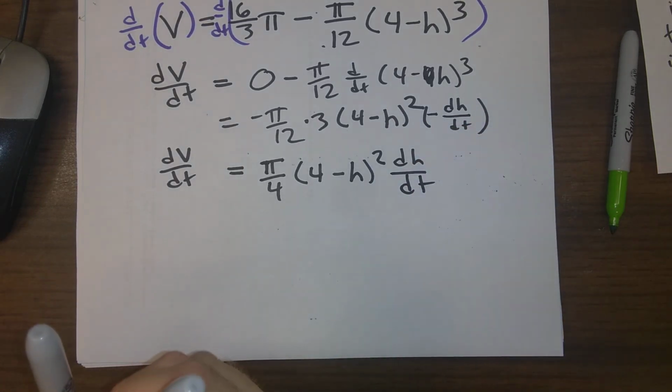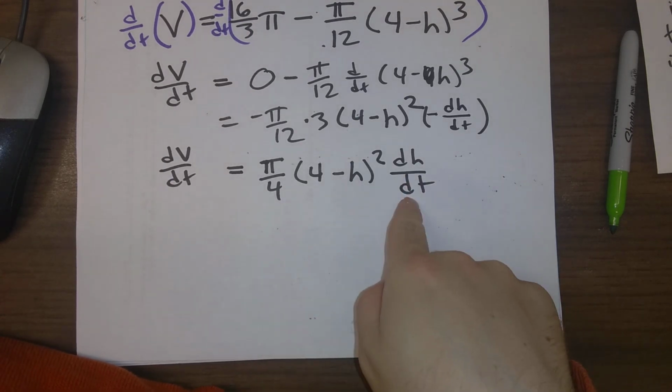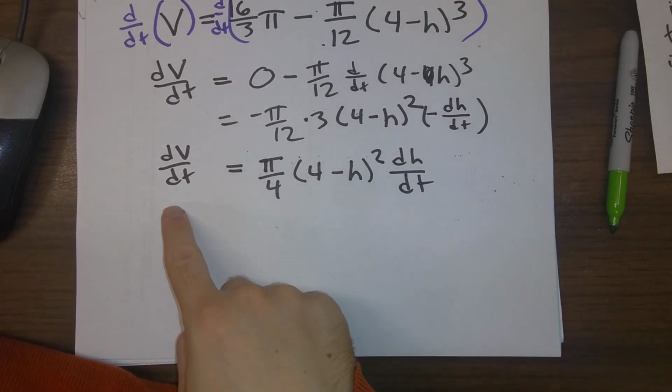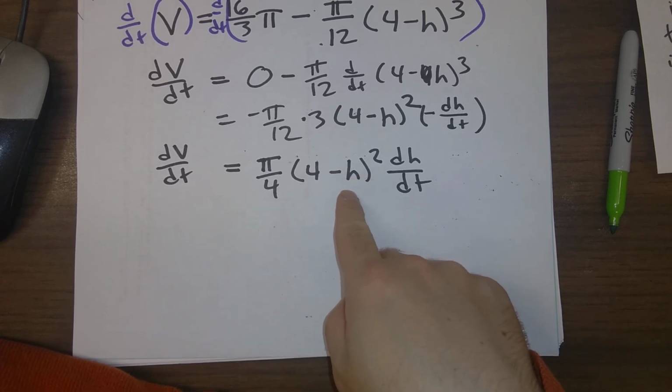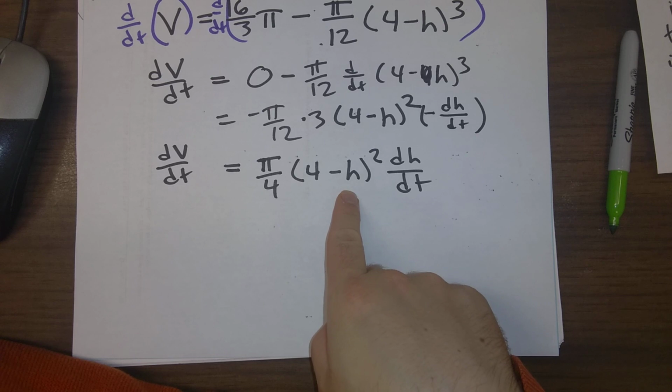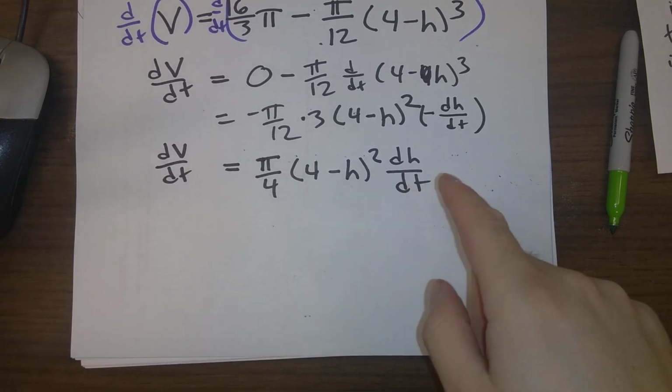So here we see that dh/dt and dV/dt, the relationship between them does depend on the height. Sorry, we should say here how fast is the height changing.